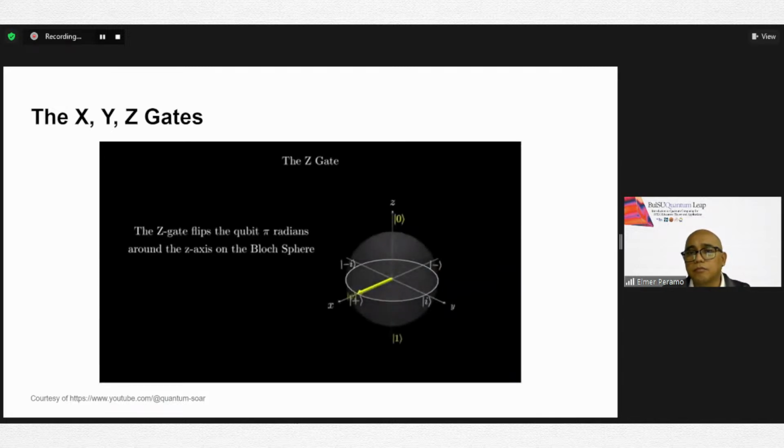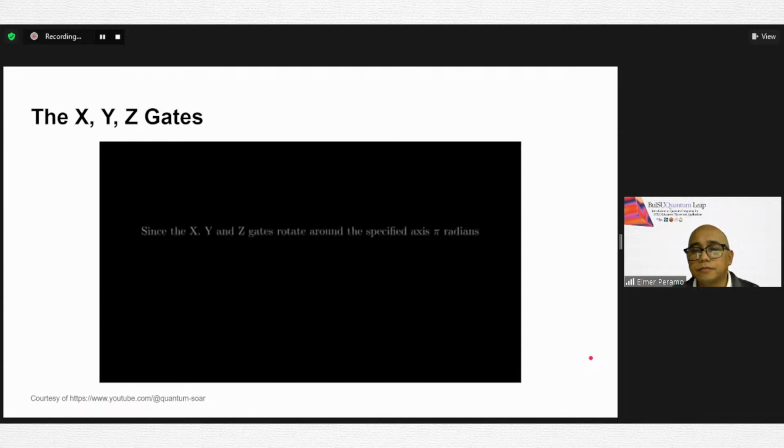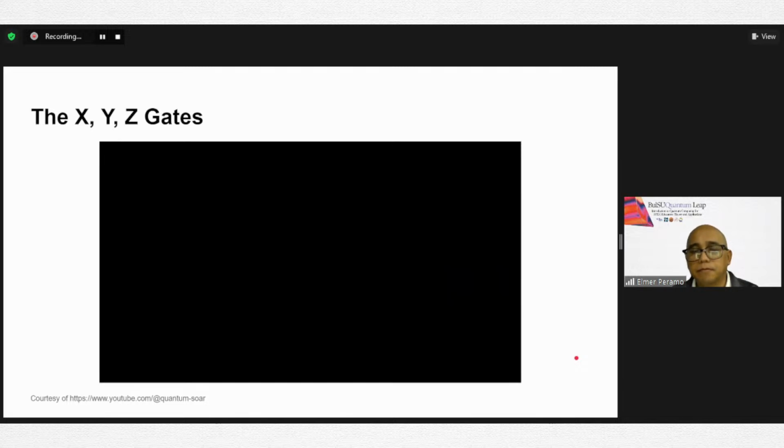Lastly, we have the Z gate, which rotates the qubit 180 degrees or pi radians around the z-axis. Since these gates rotate the qubit around the specified axis by pi radians, if we apply the same gate twice, one after the other, then the qubit returns to its original position. This means that these three gates are their own inverses.